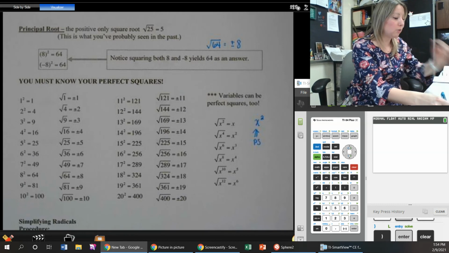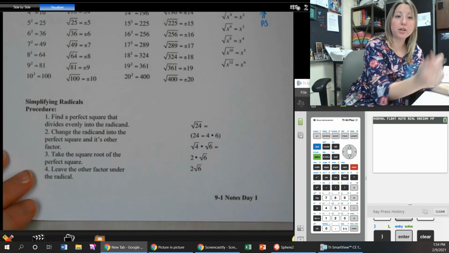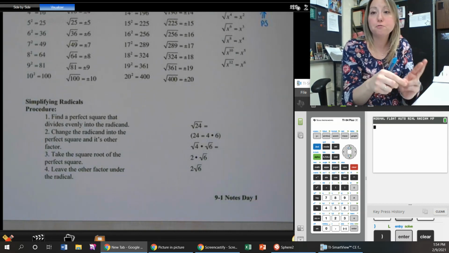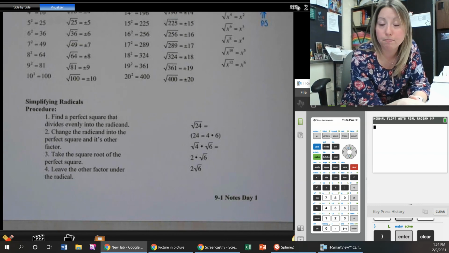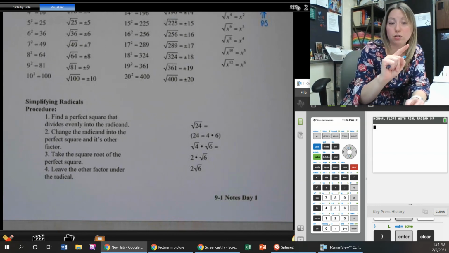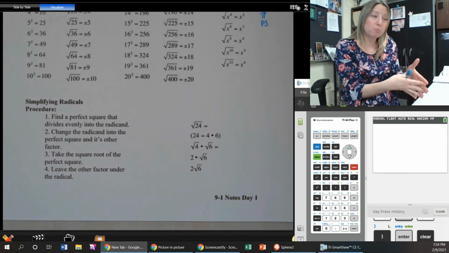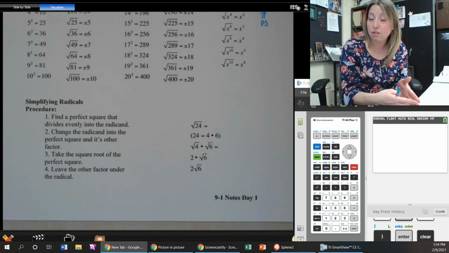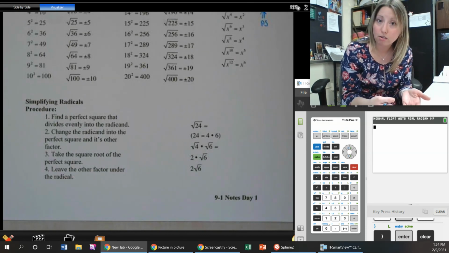We're going to take radicals like radical 24, and we are going to simplify it, meaning if there's a factor in 24 that's a perfect square, we need to take it out by taking its square root, and then that becomes the coefficient in front of it, and the leftover piece that's not a perfect square stays under the radical.